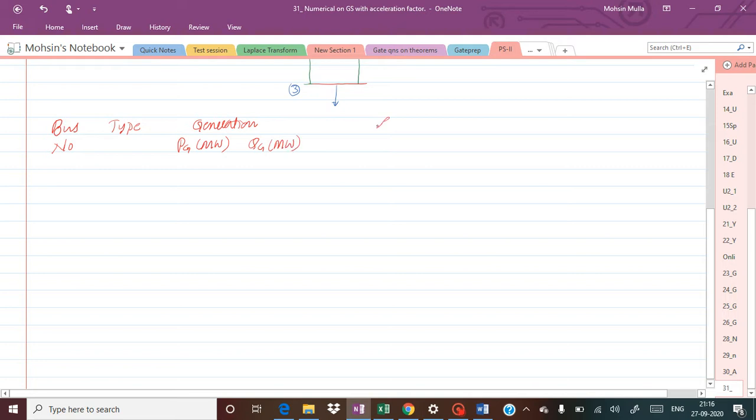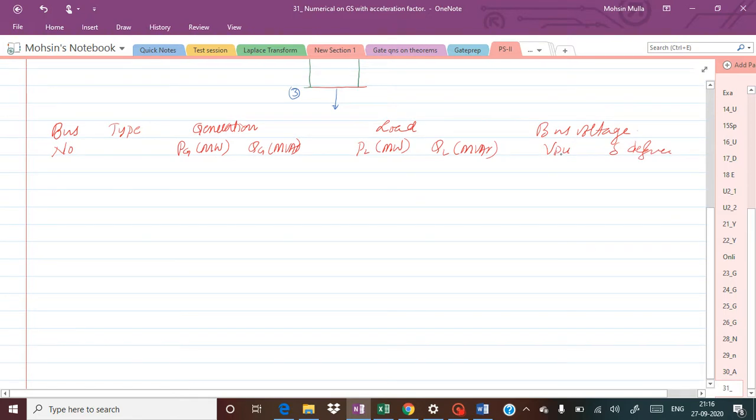Then load, active megawatt and reactive MVAR, and then finally bus voltage, V per unit and delta in degrees.